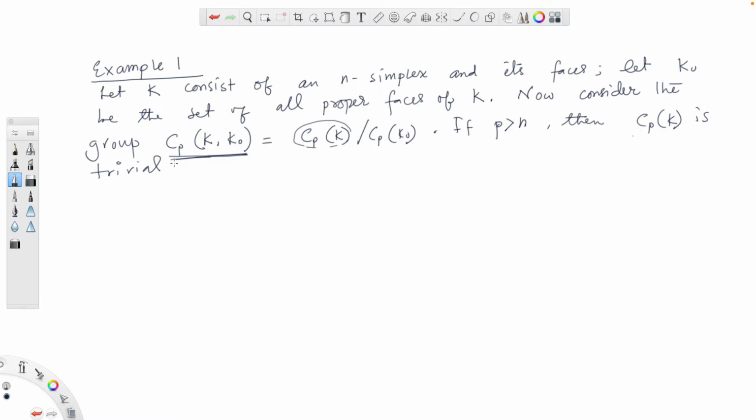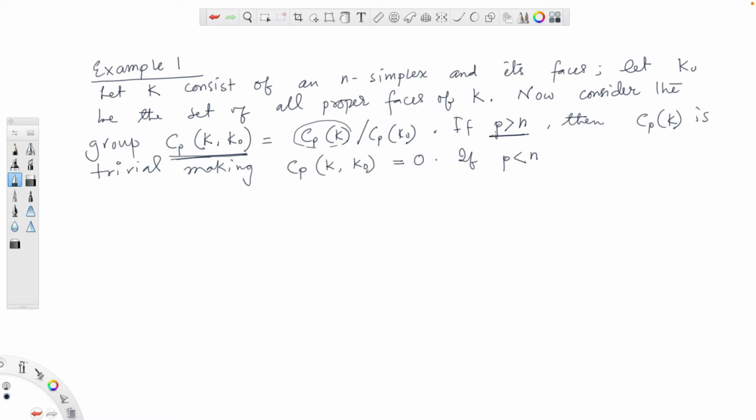So C sub p of K comma K0 is equal to 0. Okay, so this is the story when p is greater than n. In other words, p is greater than the dimension of the underlying complex K.